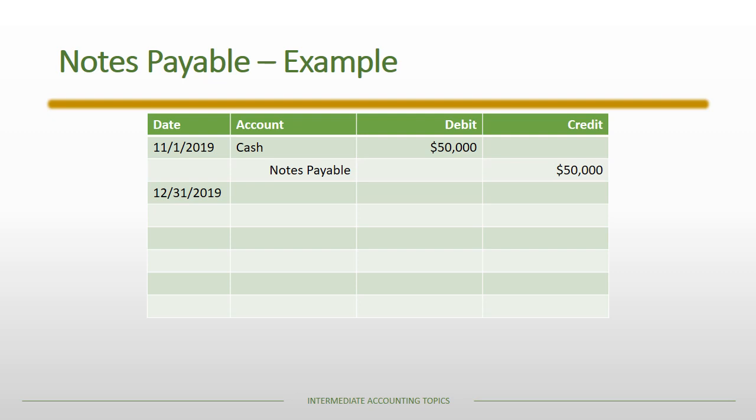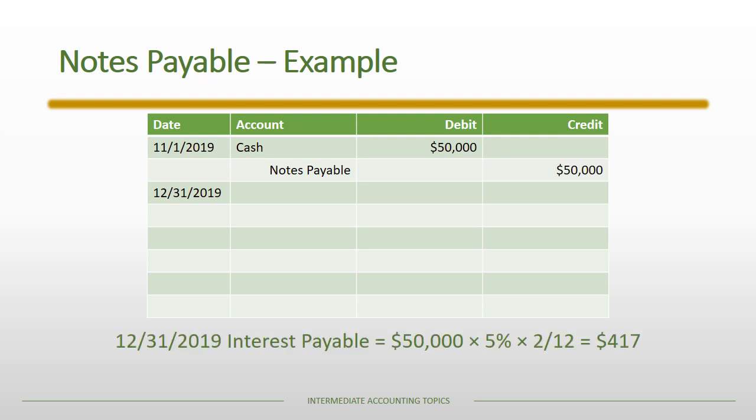So we have to record the payable and simultaneously record the related interest expense. We can see $50,000 times the contractual interest rate of 5%, and we accrued 2 out of 12 months since that is an annual rate, so we would accrue $417. And so we have the credit to interest payable and the debit to interest expense.